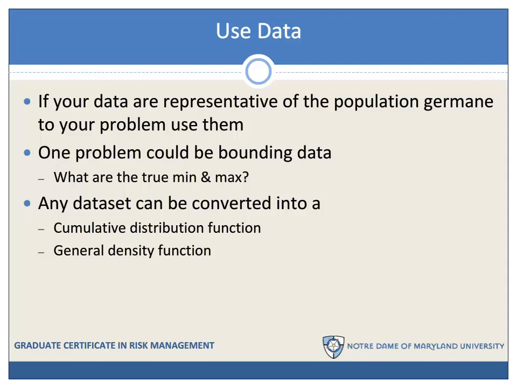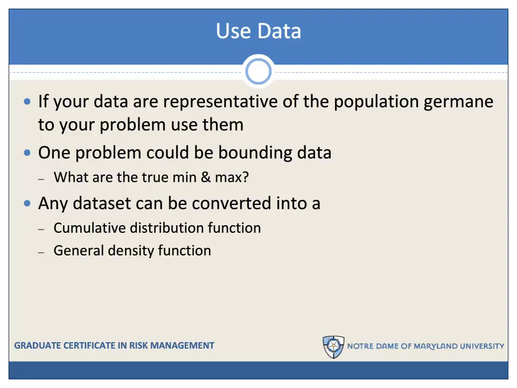So there may be a need for you to estimate those minimums and maximums independent of the data that you already have. If that's not clear, it will become so in one of the exercises we'll do elsewhere. But keep this in mind. Any data set that you have, any column of numbers in a spreadsheet anywhere on your computer, can be readily converted into a cumulative distribution function or a general density function.